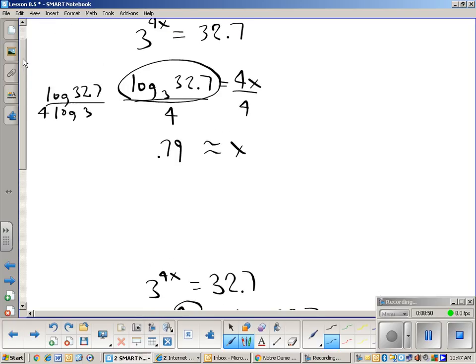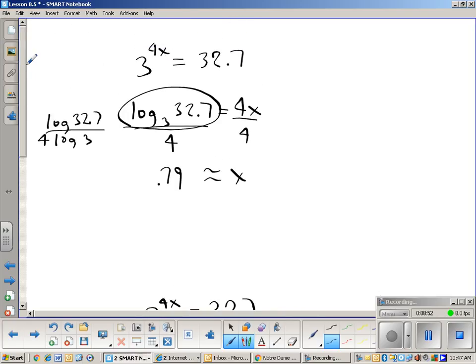This one applied the rule that we learned to begin with that says if log base b of x equals y, then, let me try it again, my bad. Then b to the y is equal to x.